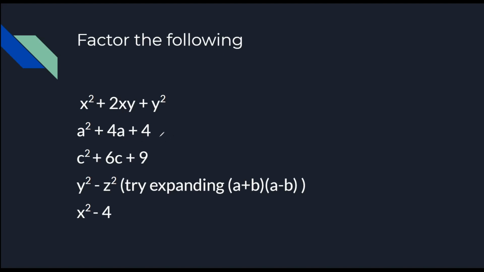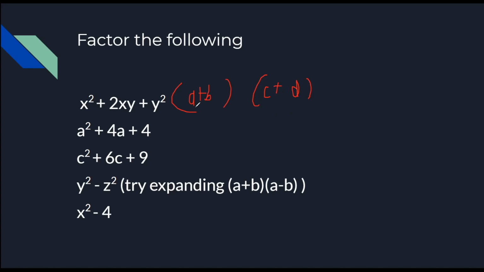So since the last term is 4, and I also know that the coefficient of a in the middle is 4, then I know that, it's kind of hard to explain this, but if you have a plus b times c plus d, then c times d must equal what 4 represents, and c plus d must equal the coefficient 4.